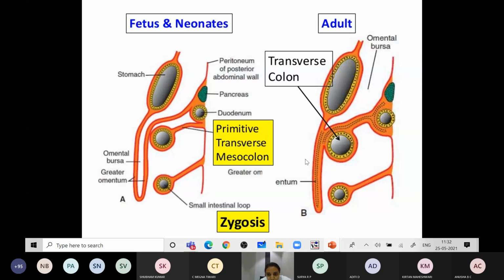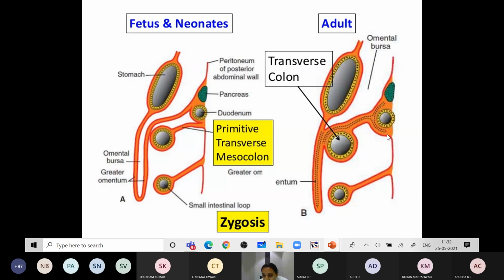So, the fourth layer covers the inferior and posterior surface of the transverse colon, reflected as the inferior layer of the transverse mesocolon. This third layer covers the superior surface and anterior surface, reflected as the upper layer of the transverse mesocolon, then covers the posterior abdominal wall and the anterior surface of the body of the pancreas.